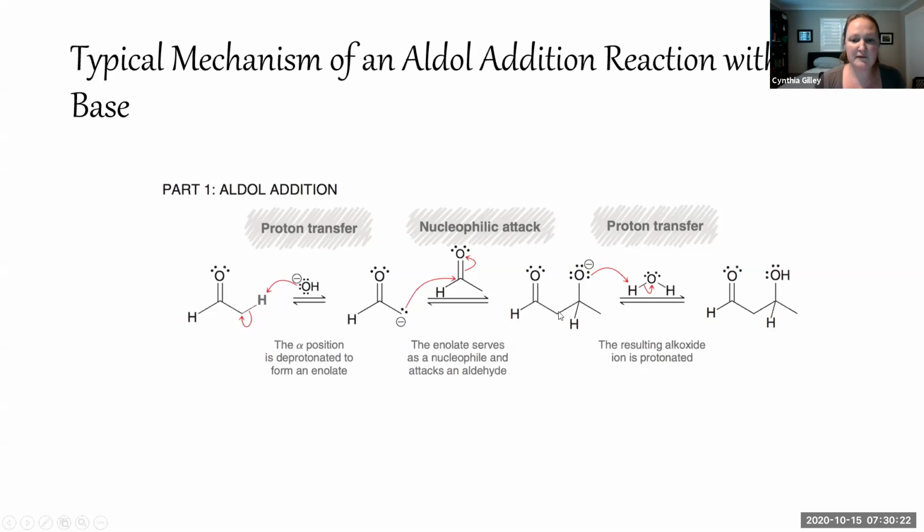At this point, we've formed a new carbon-carbon bond, and that's one of the reasons why the aldol reaction is such an important reaction in organic chemistry, because we're able to form this new carbon-carbon bond. At this point, the alkoxide just needs to get protonated. The best acid we have in solution is water, when we're under base catalyzed conditions. So water will protonate the alkoxide to make an alcohol, which is a neutral and isolatable product.